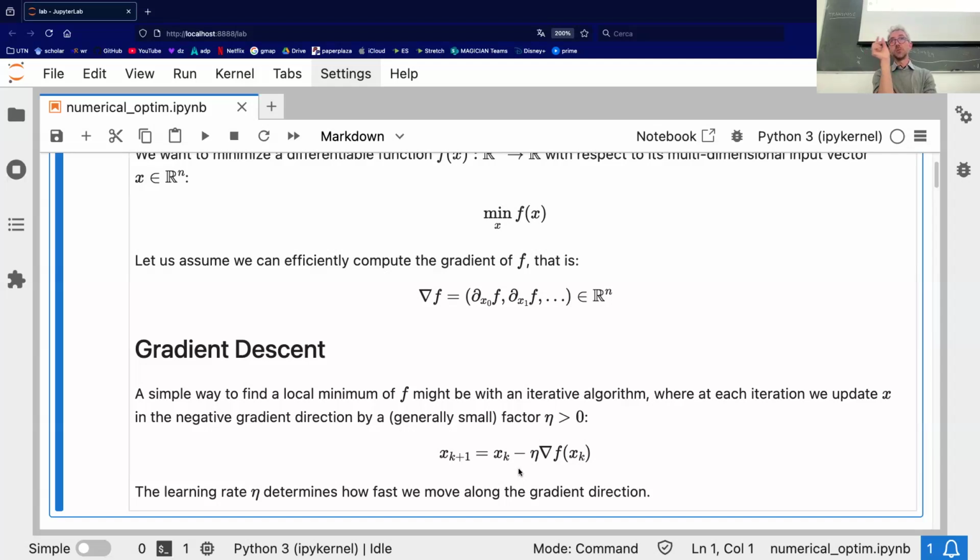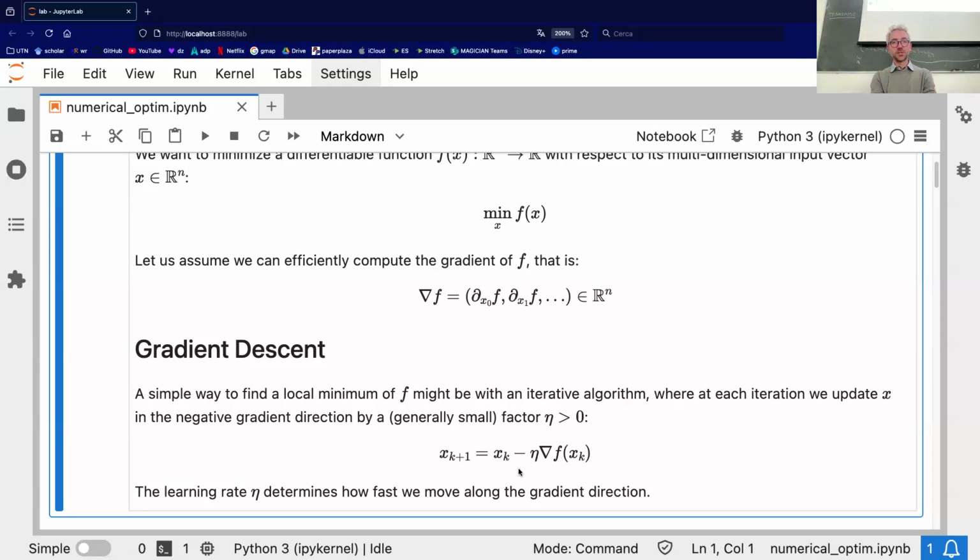Because we know that the gradient gives us a good approximation of the function in a neighborhood that is sufficiently small. We don't know how small. If the function is linear, then eta can be anything. It's just going to work because the gradient is a good approximation of the function actually everywhere, because it has a constant gradient everywhere.